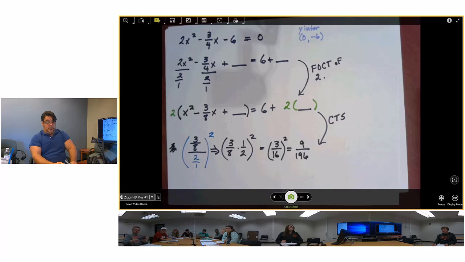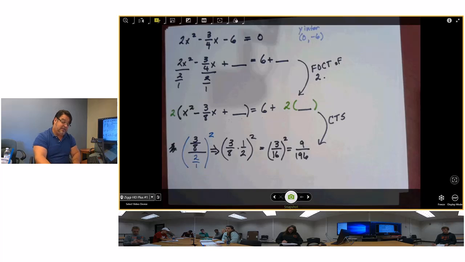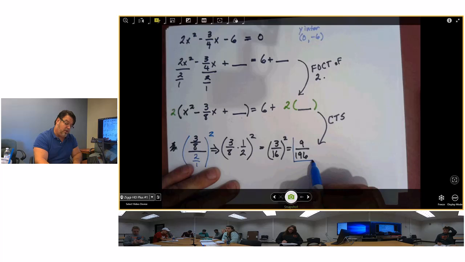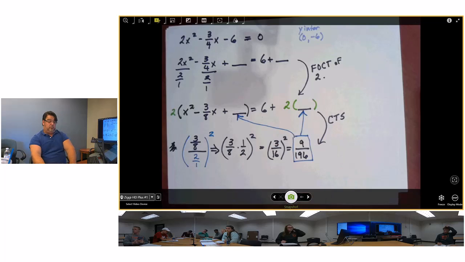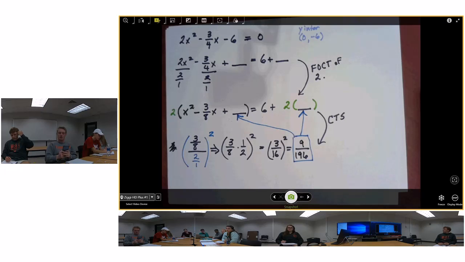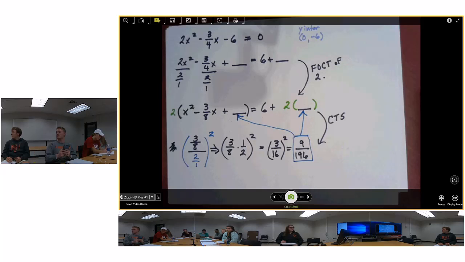I got you. Okay? So, that 196 is the result of completing the square, which goes there and there. 16 squared. Yeah. That's 256. Okay, I'm sorry, not even close.